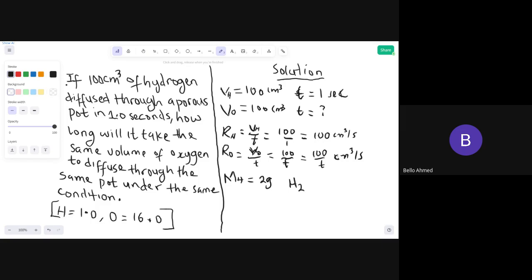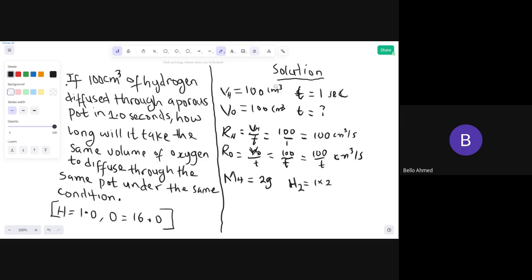So the atomic mass of hydrogen is 1, times 2, because of the subscript 2 in H2, the hydrogen molecule. So we have 1 times 2, and that's going to give us 2 grams. And that's how we got the 2 grams.